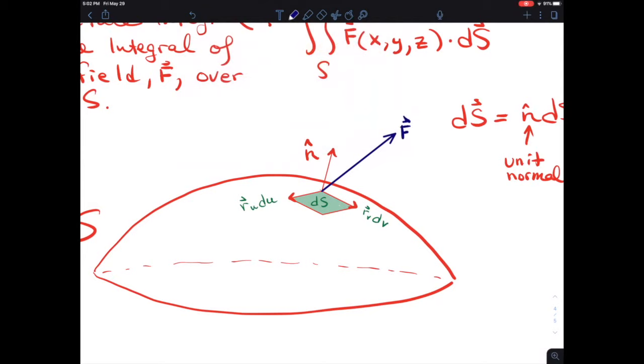Okay, and so the field, when you dot it with this unit normal, you're getting the normal component of the field. So let me go ahead and see if I can do a projection here. I'm gonna tweak this picture a couple of times as I go through it. But I want to do the normal component of my field. So I'm trying to get a good perpendicular there.